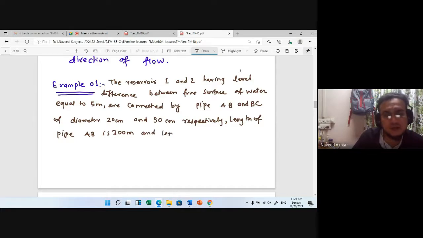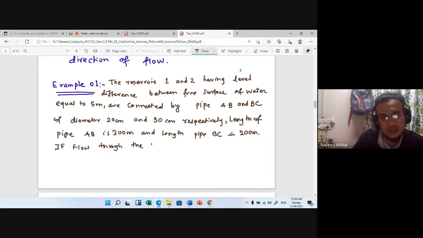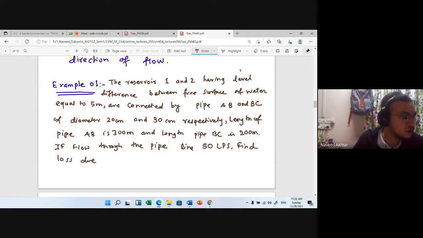and length of pipe BC is 200 meter. If the flow through the pipeline is 50 liter per second, find also the loss due to expansion and the friction factor.